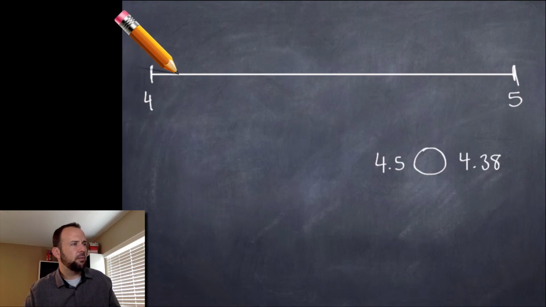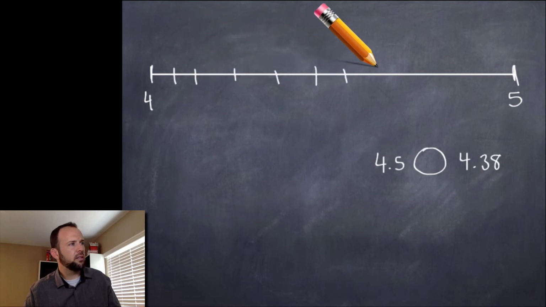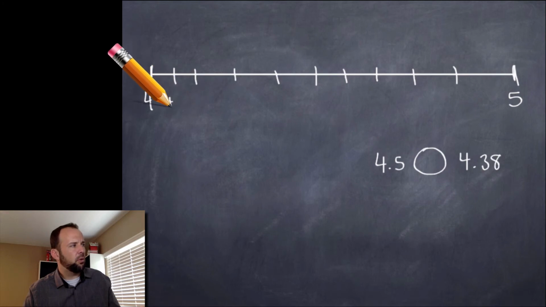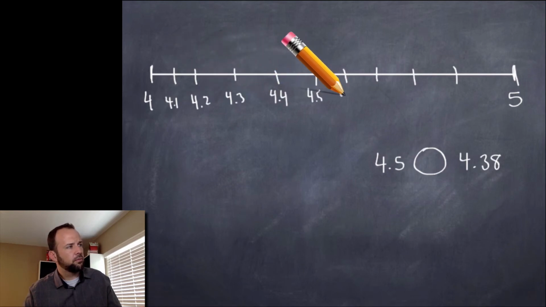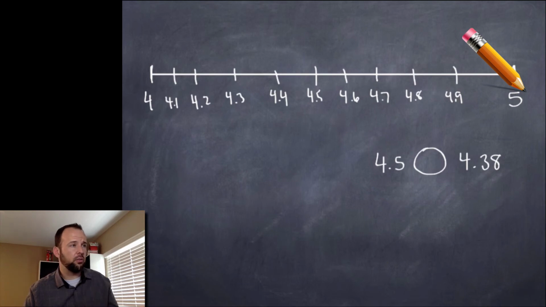So if I separated this into tenths, let's see, 1, 2, 3, 4, 5, 6, 7, 8, 9. So this would be 4.1, 4.2. And then 5 all the way out there. So if I was going to plot this, well, 4.5, that guy's going to sit right here.